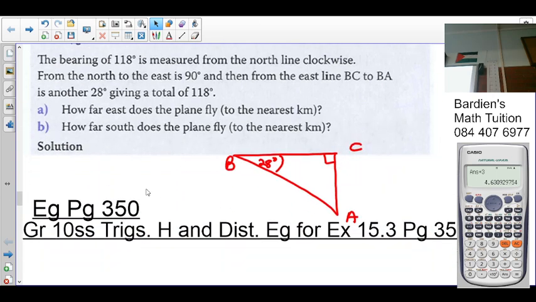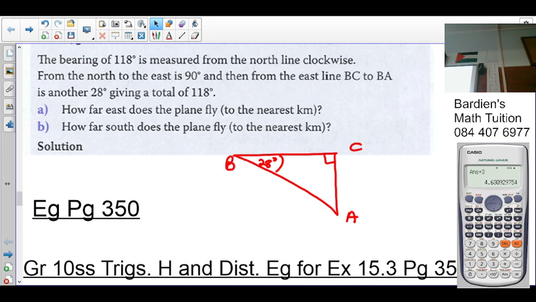The bearing of 118 degrees is measured from the north line clockwise. From north to east is 90 degrees, and then from the east line, line BC to BA is another 28 degrees, giving a total of 118.